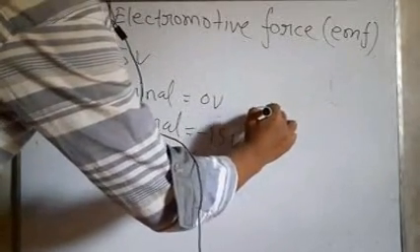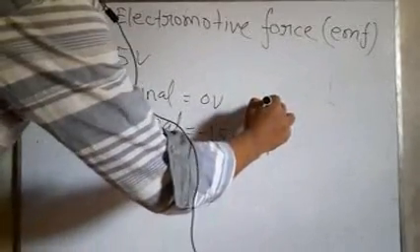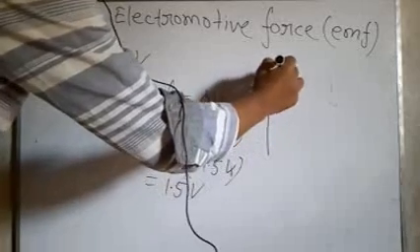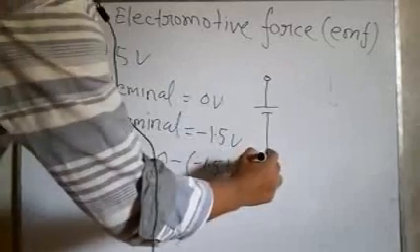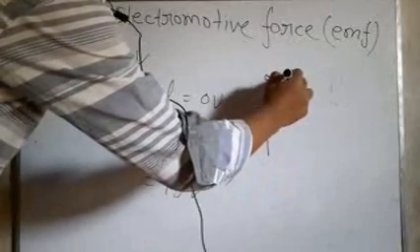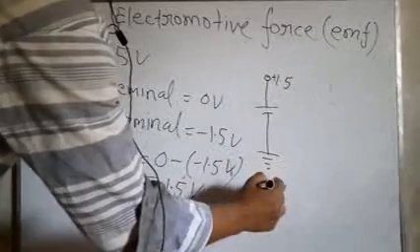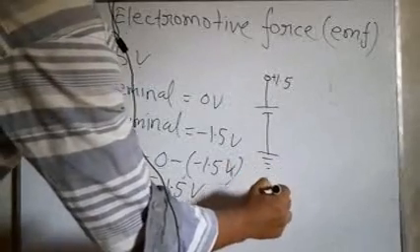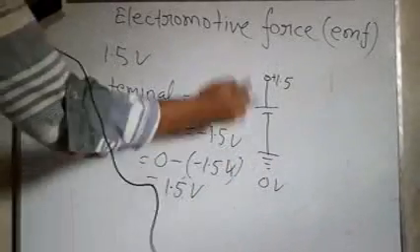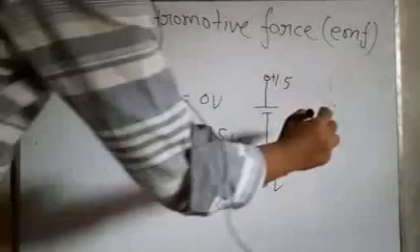We can write it. Suppose it's a cell. This terminal is at plus 1.5 volt and this terminal is at 0 volt, and the difference is 1.5 volt.